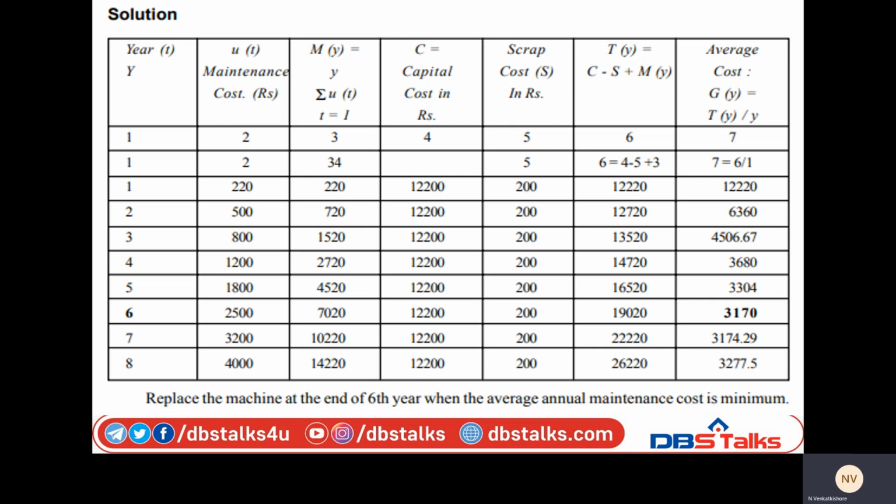So replace the machine at the end of the sixth year, since the annual average cost is minimal. Or you may write it another way: at the beginning of the seventh year, so at the end of the sixth year or at the beginning of the seventh year. Like that we need to frame the problems.